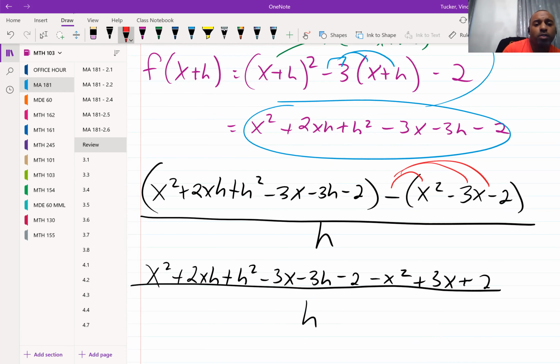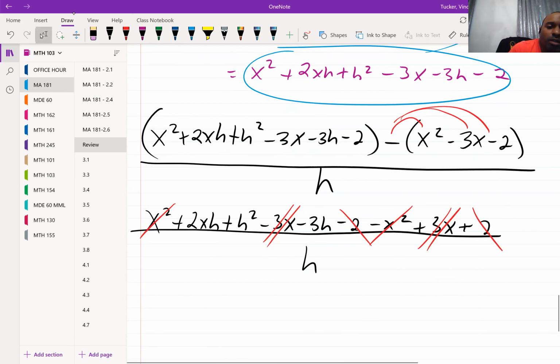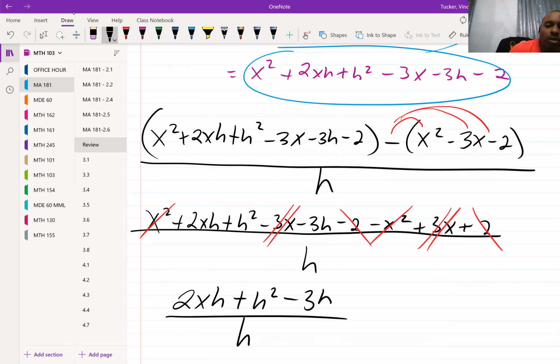So x squared minus x squared cancels, negative 3x and positive 3x cancel, and then -2 and positive 2 cancel. So what's left is 2xh plus h squared minus 3h all over h.